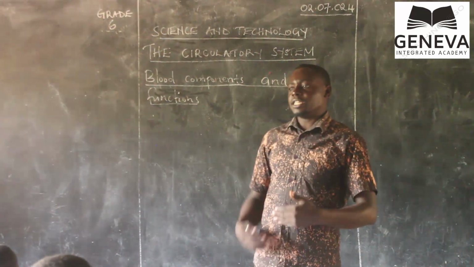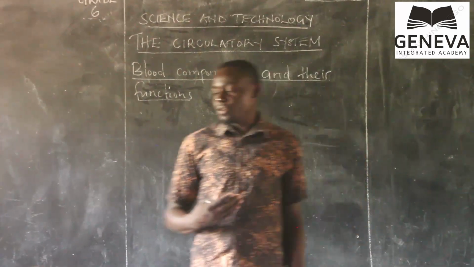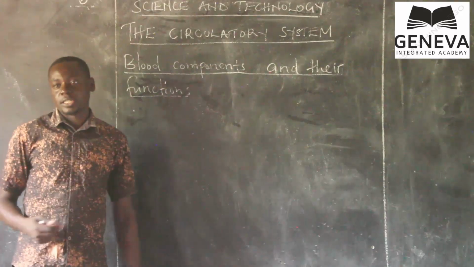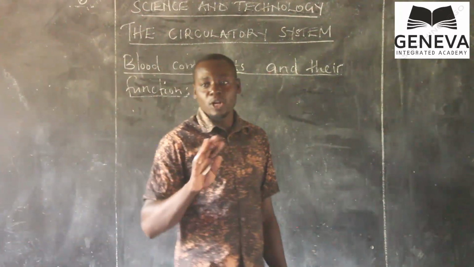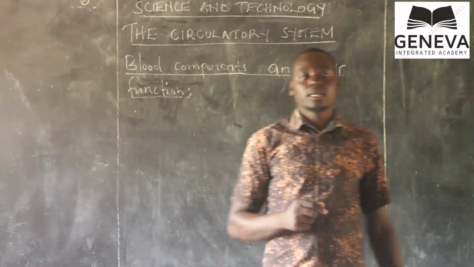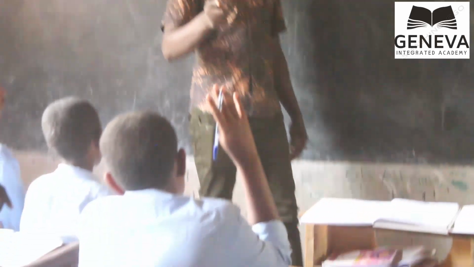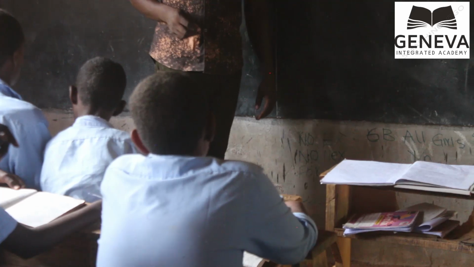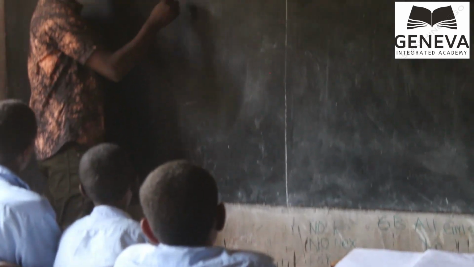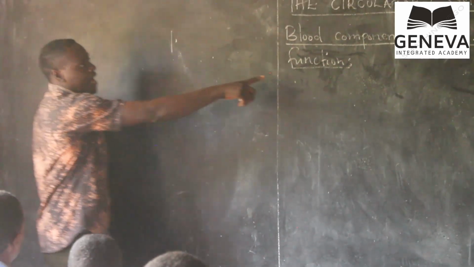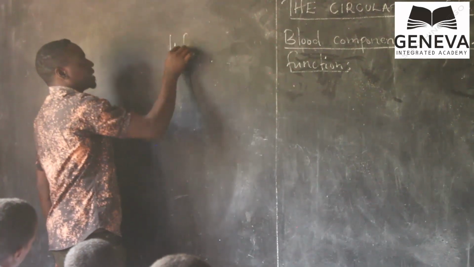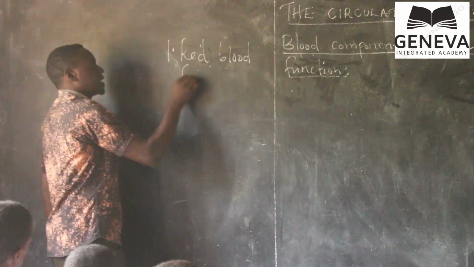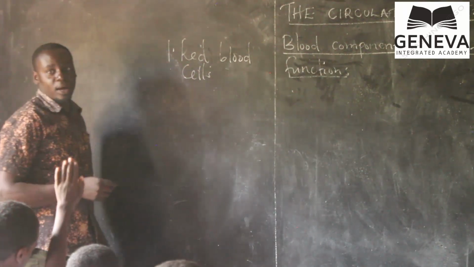Can somebody just try to give me examples of the blood components? Anybody who knows one of the blood components, you can put up your hand. Yes, Abdurrahman. Red blood cells. So Abdurrahman has given us one example of a blood component, which is the red blood cells.